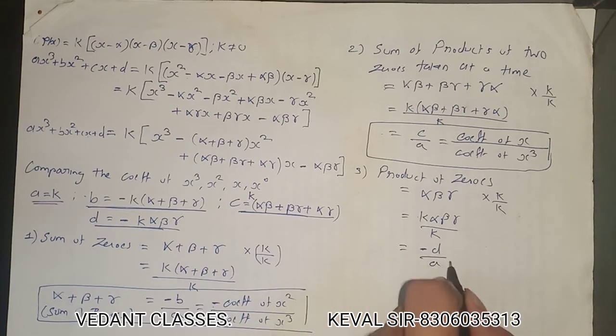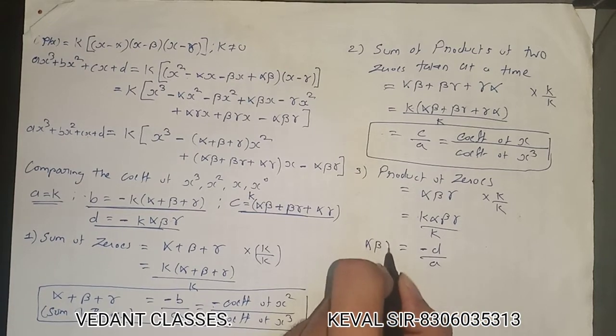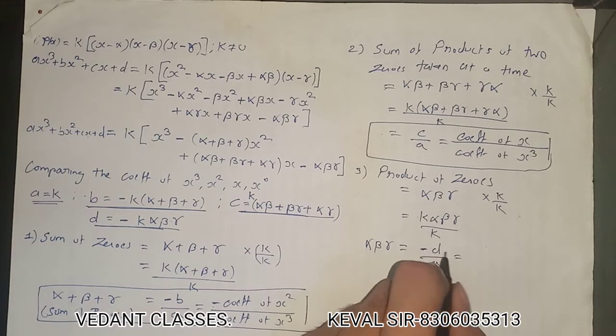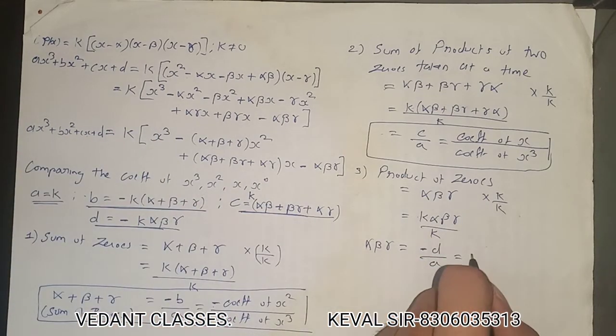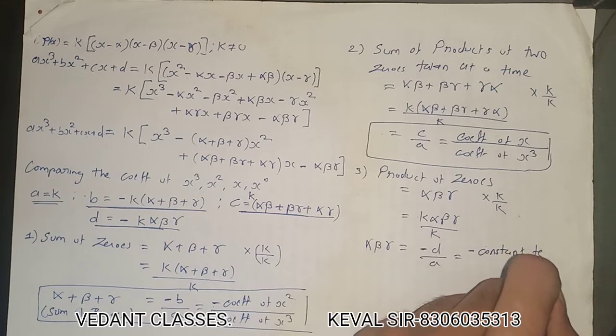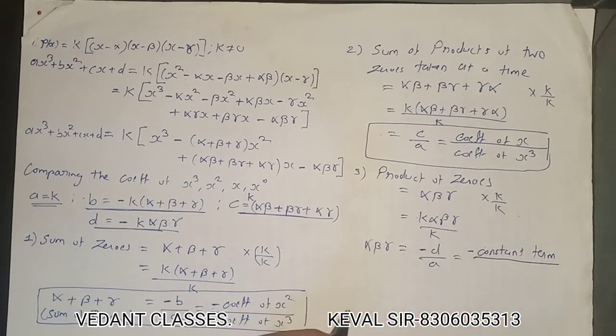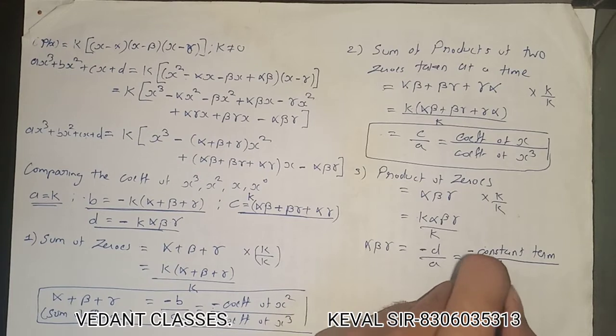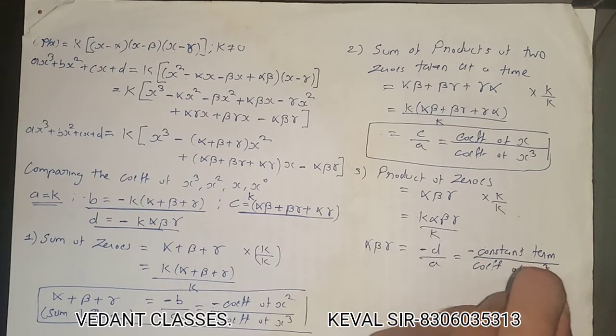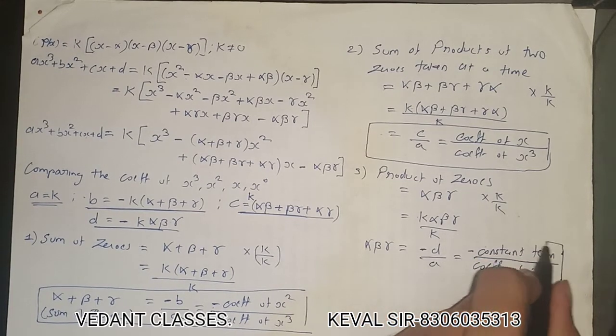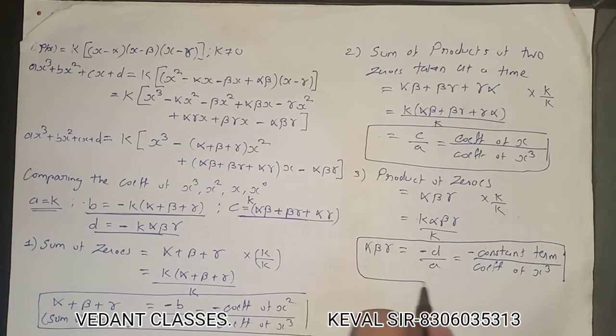So alpha beta gamma, the product of zeros, is equal to minus d by a. What is d? It is the constant term. So this is the negative constant term upon the coefficient of x cube. So this is the product of zeros.